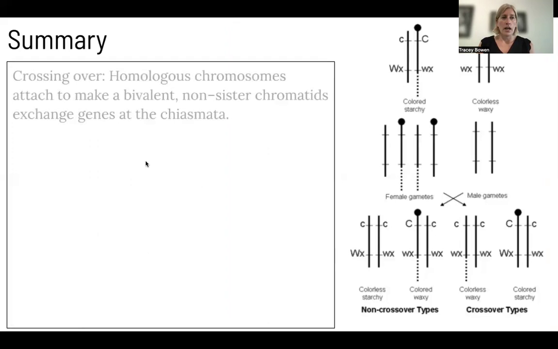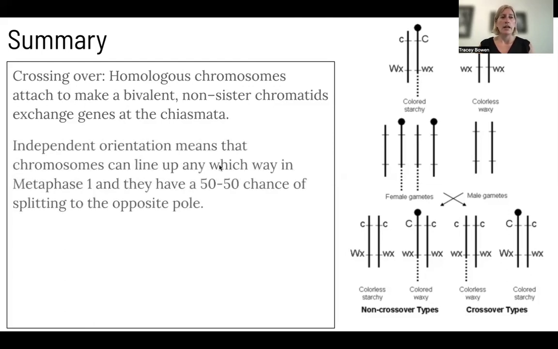Crossing over: homologous chromosomes attach to make a bivalent, and then non-sister chromatids exchange genes at the chiasmata. Independent orientation means the chromosomes can line up any which way in metaphase 1 and metaphase 2, and they have a 50-50 chance of splitting to the opposite pole.